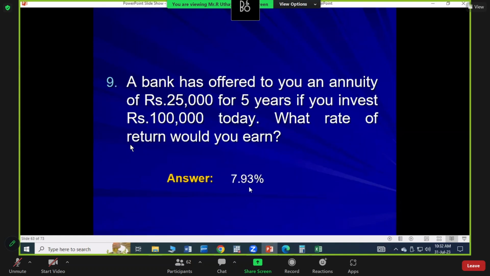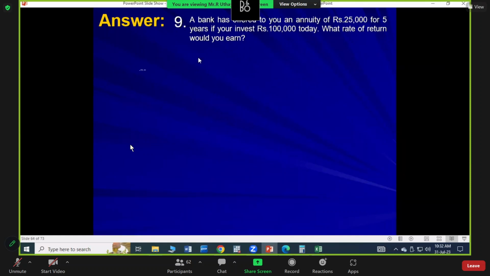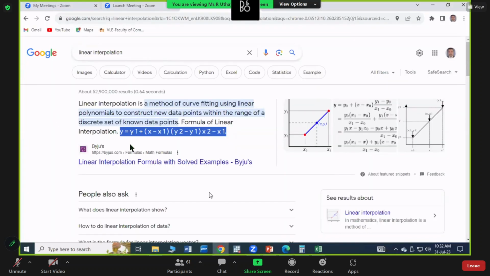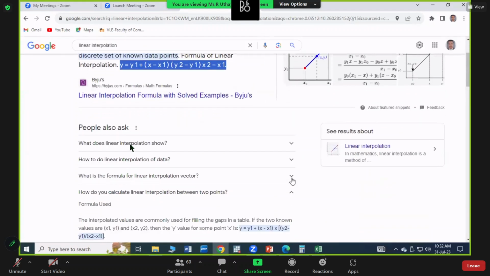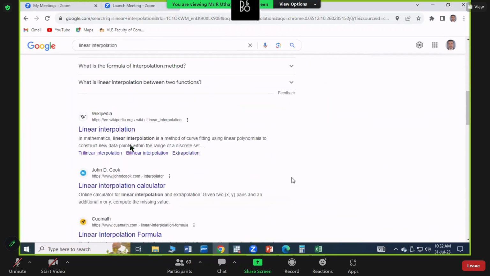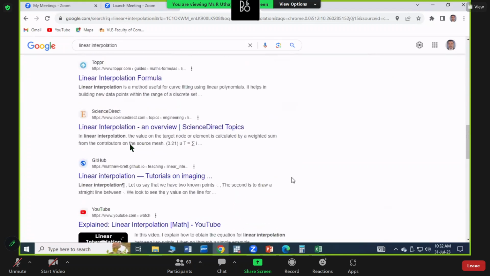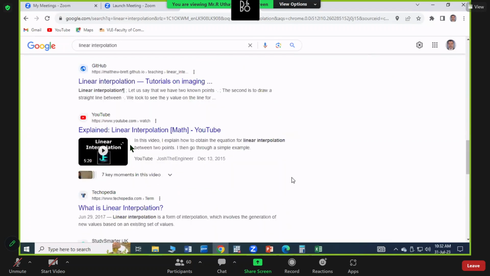So the answer is 7.93. Again, you want to apply the linear interpolation method to get that, as we have done earlier. In the website, every detail is there.